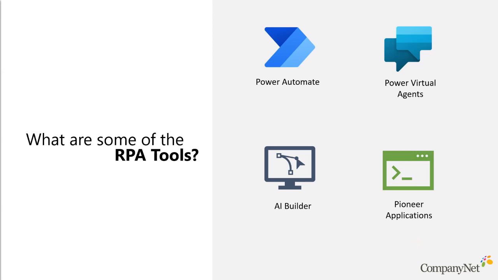What I'll talk a lot about as we go through is this idea of attended and unattended. So with most automation applications or RPA tools, you have two different models that you can run it under. One is the attended bot, so you're there, you're clicking, you're interacting with the bot as it's going through and running through the automation.